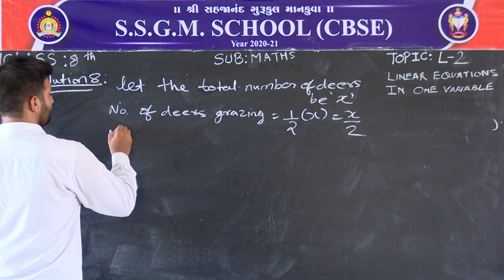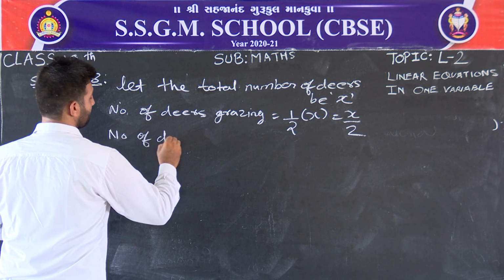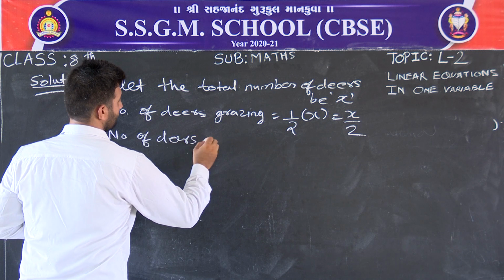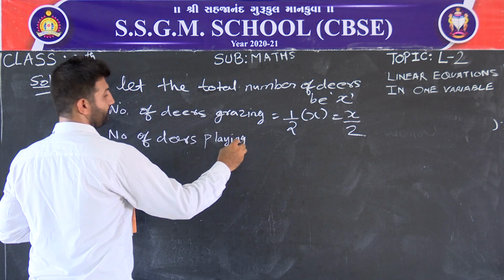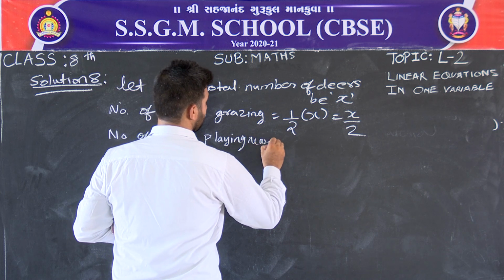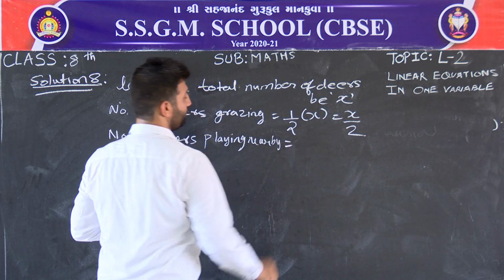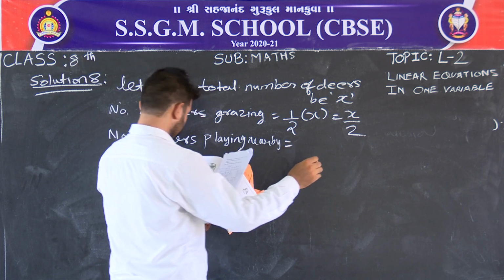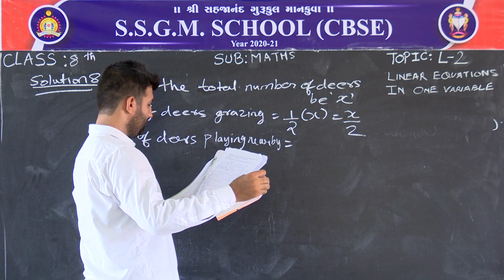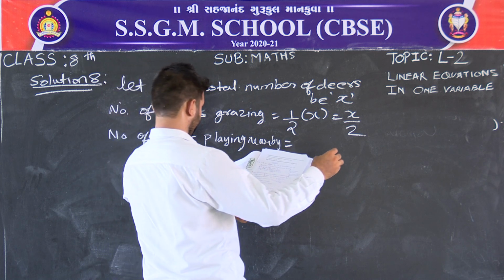So next, the number of deers playing nearby is equal to 3/4 of the remaining. What is given? 3/4 of the remaining.